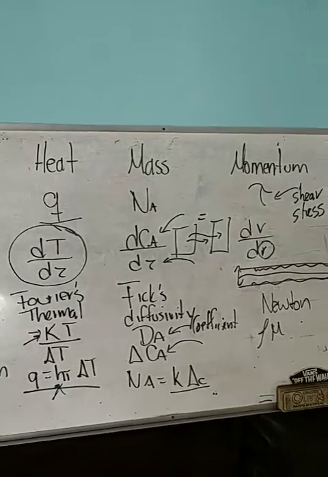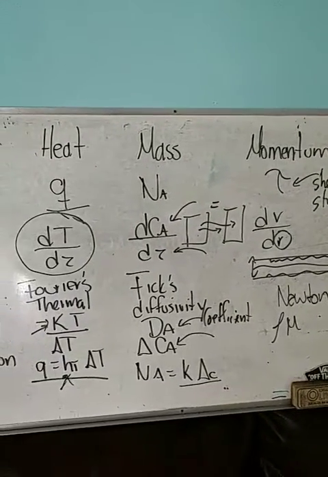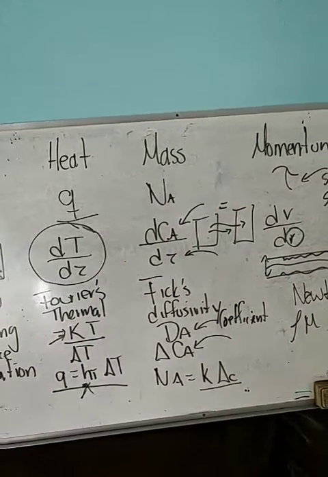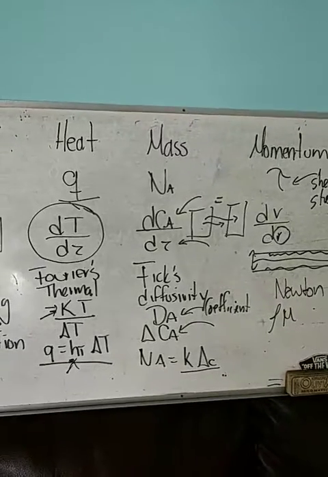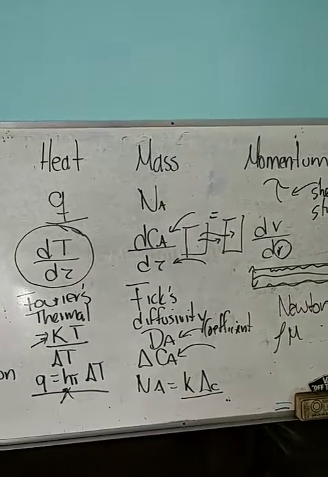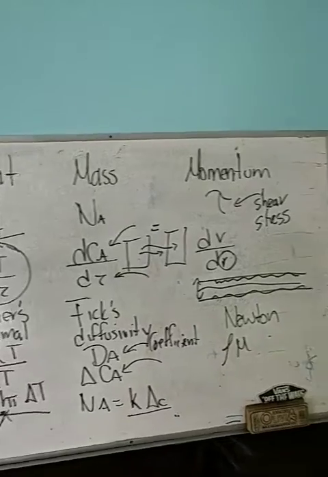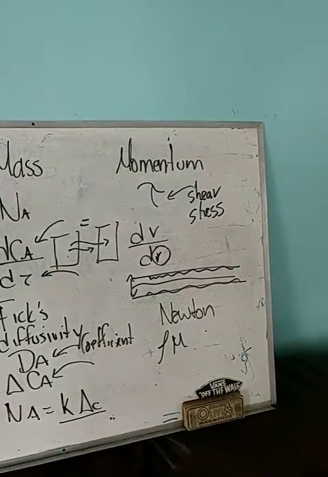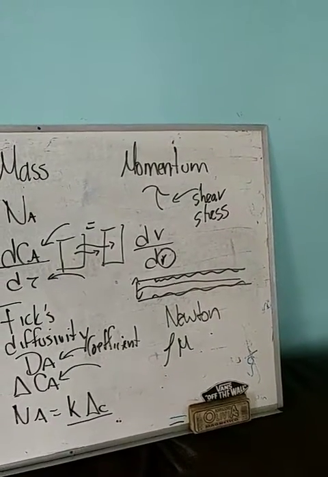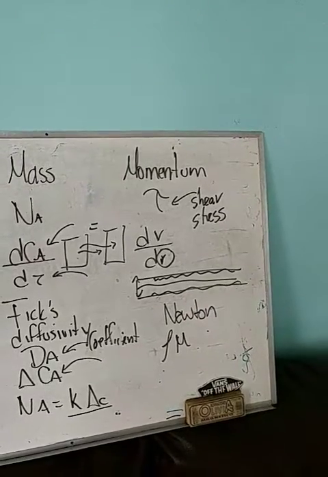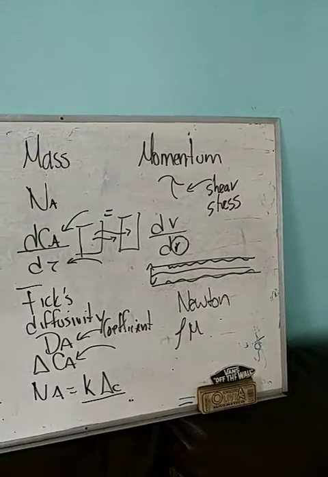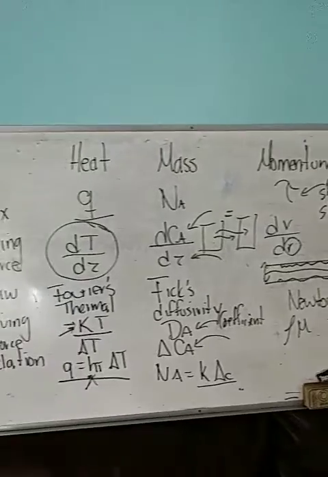Also, if I go with the mass, I need to consider what's the mass in one part and what's the concentration in the other one. According to this, I will be able to create a balance. And for the momentum, I have to consider all the forces that are given in the system. Why do we care about this?